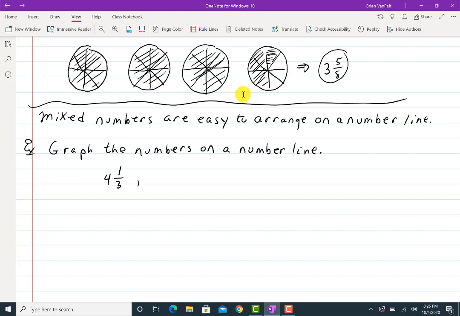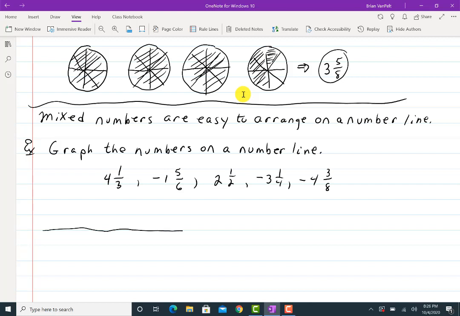Then I have -1 and 5/6. I'm separating them with commas. 2 and 1/2. -3 and 1/4. And -4 and 3/8. Now, this doesn't have to be exact, but we do want them arranged appropriately.